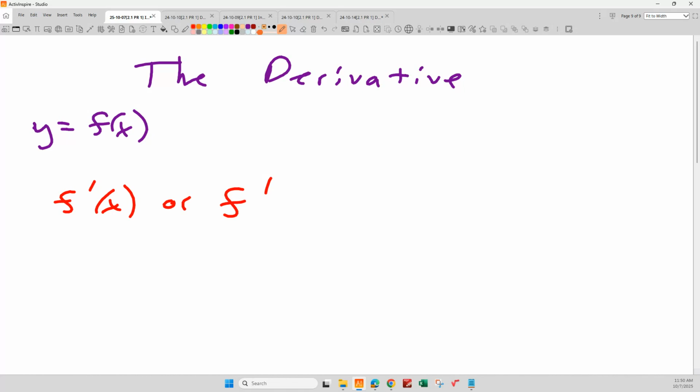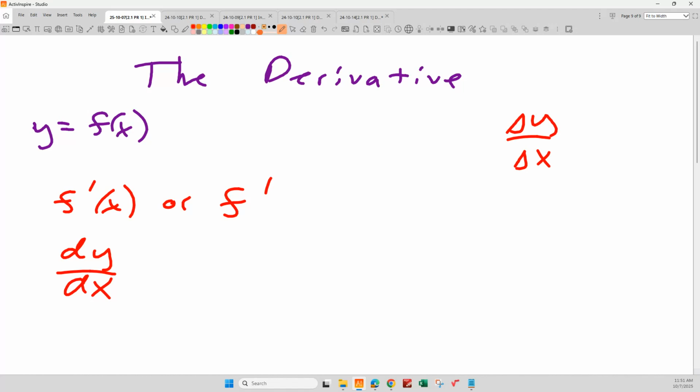We can call this dy dx, which is a really strange, like that ratio form is kind of a weird way of saying it, but think where that comes from. It makes sense in a way, because what's that? That's the slope of a secant line, right?